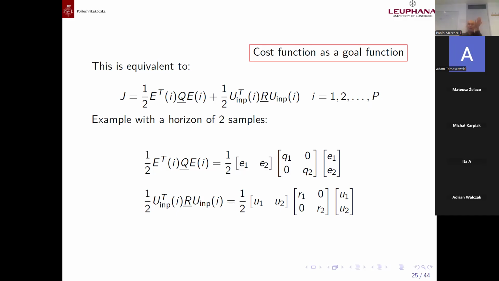If R1 is much larger than R2, typically, to understand what I intend, if R2 is almost zero, I don't care what happens after tomorrow. I care just what happens tomorrow in terms of energy and input. But this could generate instability because if I don't limit what happens after tomorrow, and I go ahead with this philosophy without changing R1 and R2, of course, I will generate a trend which is unstable.